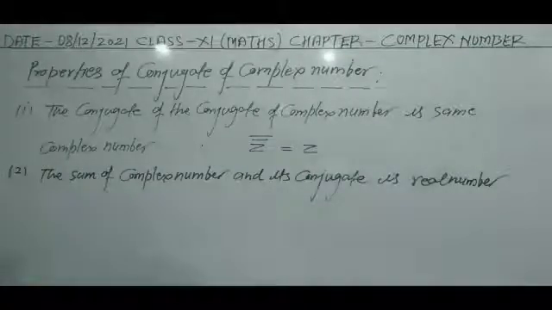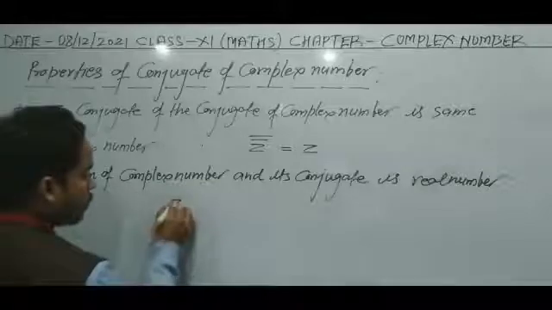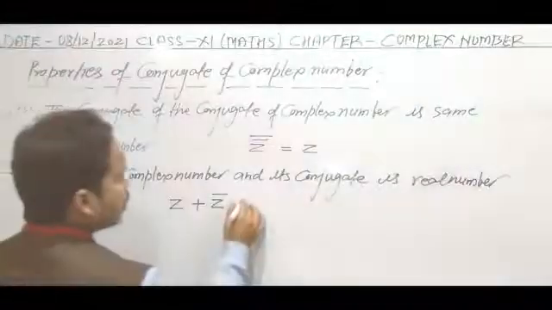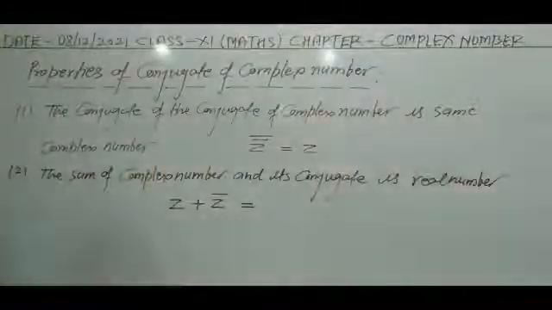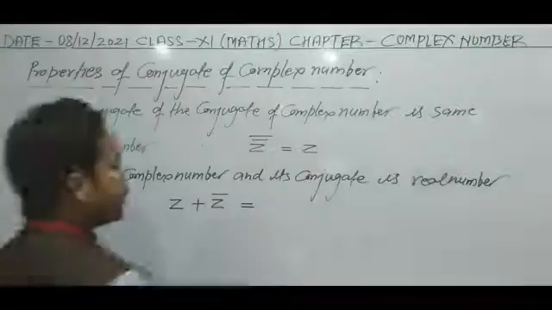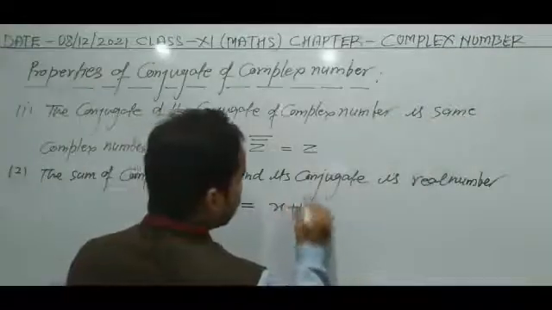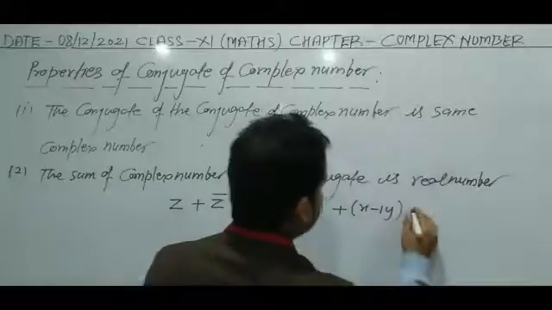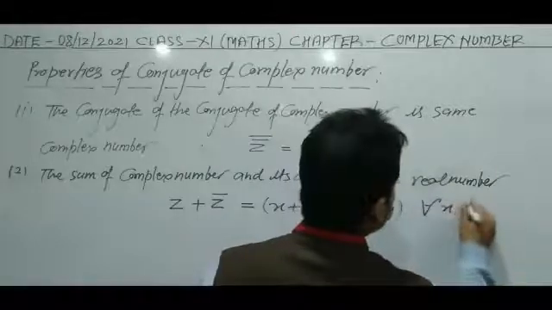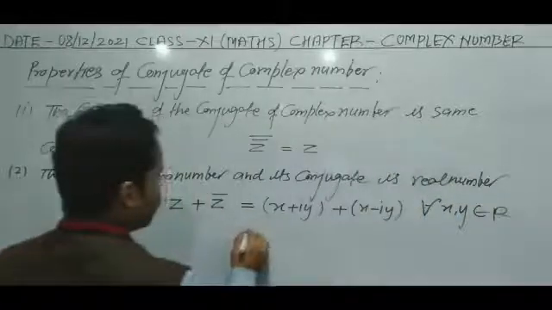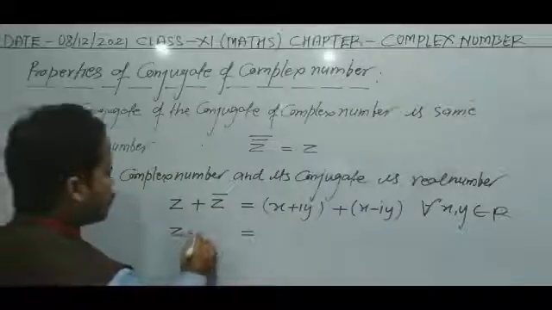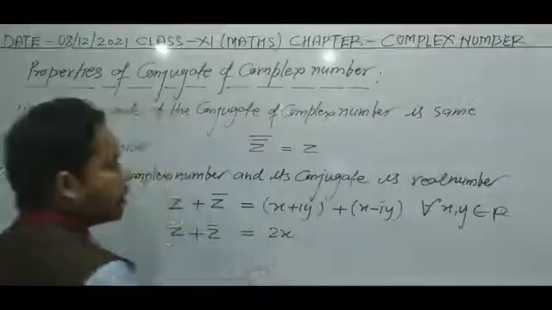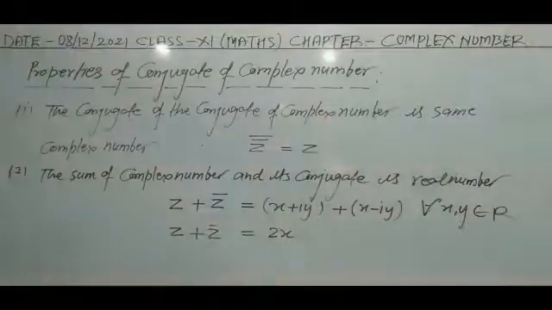Now you can see this is any complex number and this is the conjugate of complex number, and when you will sum, so what you will get the result? You will get x plus iy plus x minus iy for all x, y belongs to real, and its result will be z plus z bar is equal to 2 times x, and 2 times x, what we can write?